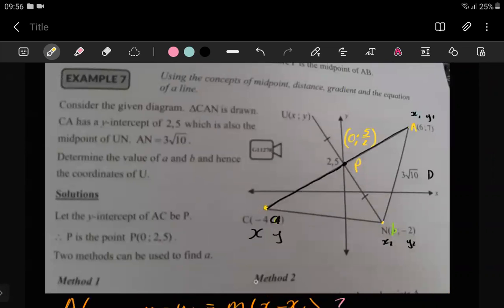Then A, P, and C are collinear points, so you find the gradient.